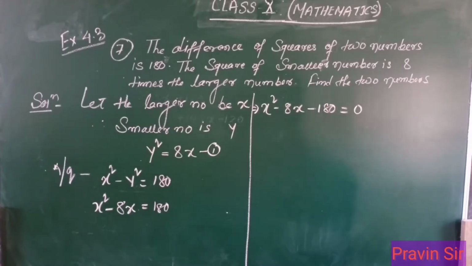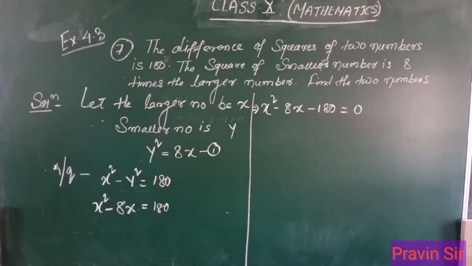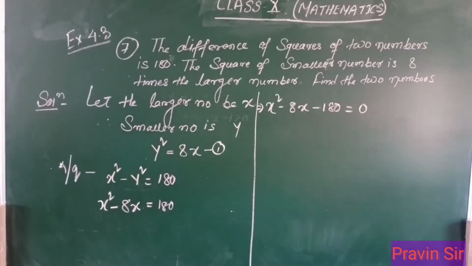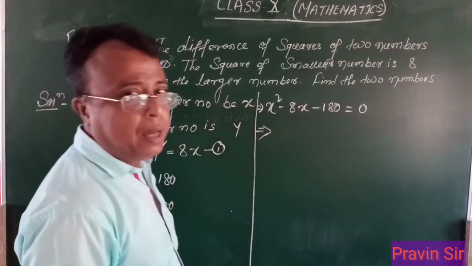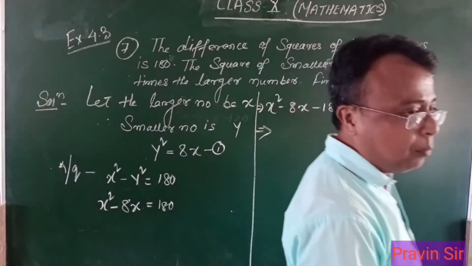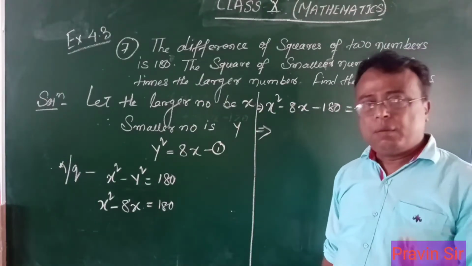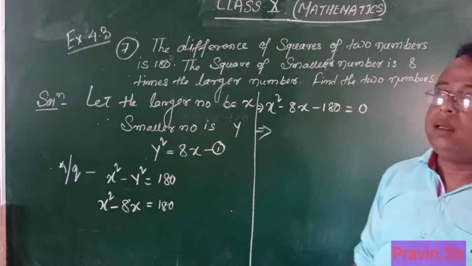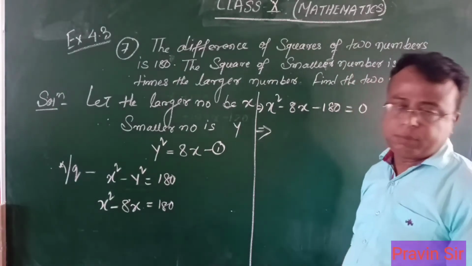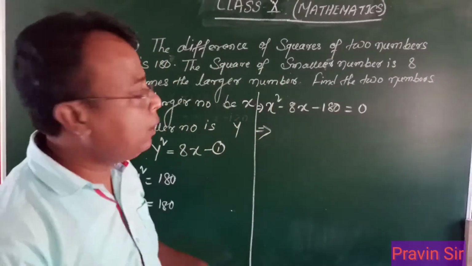It is up to you which method you will apply. So let us solve this equation by the splitting the middle term method. Other methods, quadratic formula method or completing the square method, you can also apply.